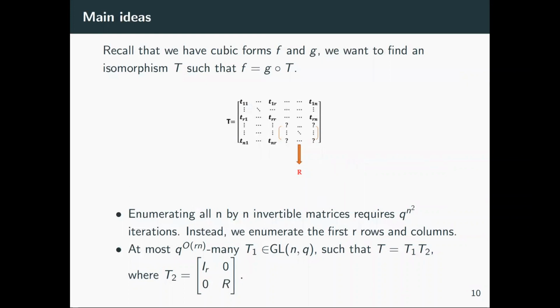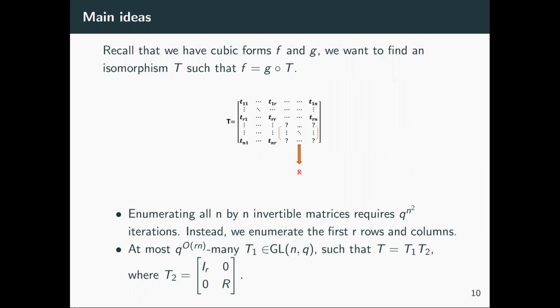Well, here is some main idea of our average case algorithm. Recall that we have two cubic forms, F and G, and we want to find an isomorphism T such that T sends G to F. Firstly, if we enumerate all n by n invertible matrices, we require q to the n square iterations.